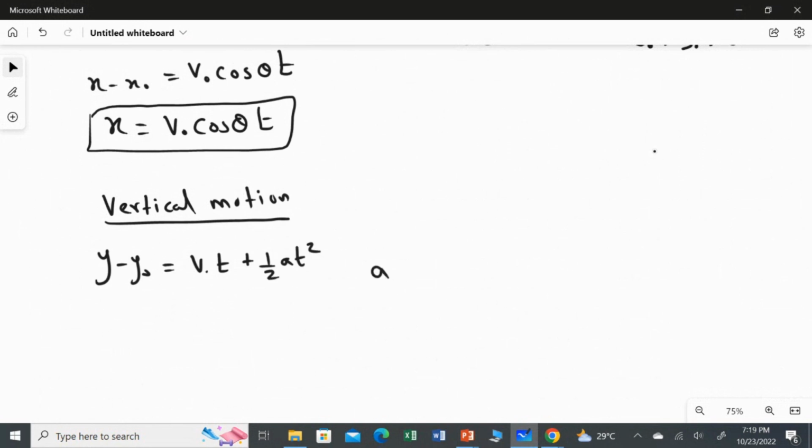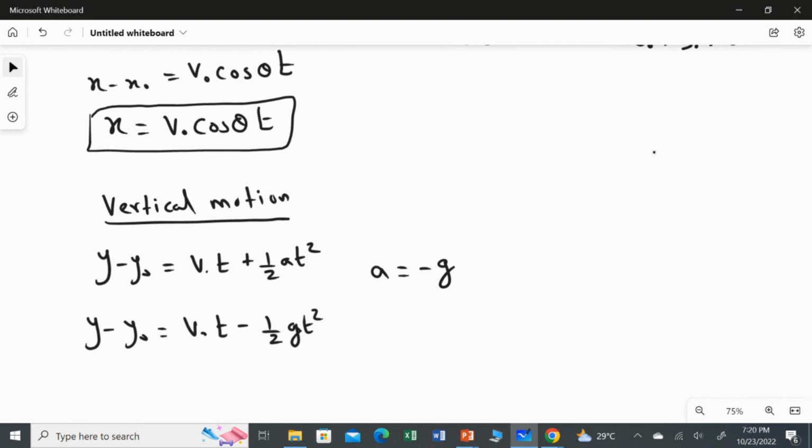As we already mentioned, for the y-axis, our acceleration is exactly the negative value of the free fall acceleration. Why negative? Actually, the acceleration due to gravity has a positive value only, but based on the graphical representation, the object is in the air, so we have to consider it a negative free fall acceleration. Now, when you substitute this value, the equation becomes y minus y0 equals v0t minus half gt square.